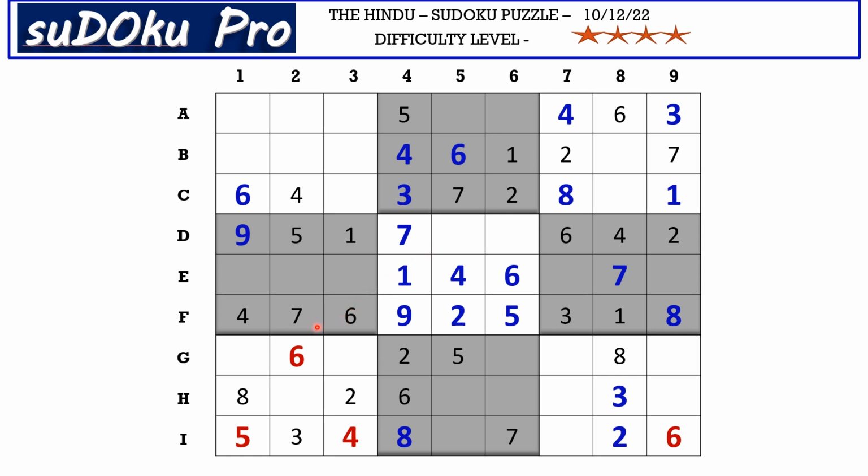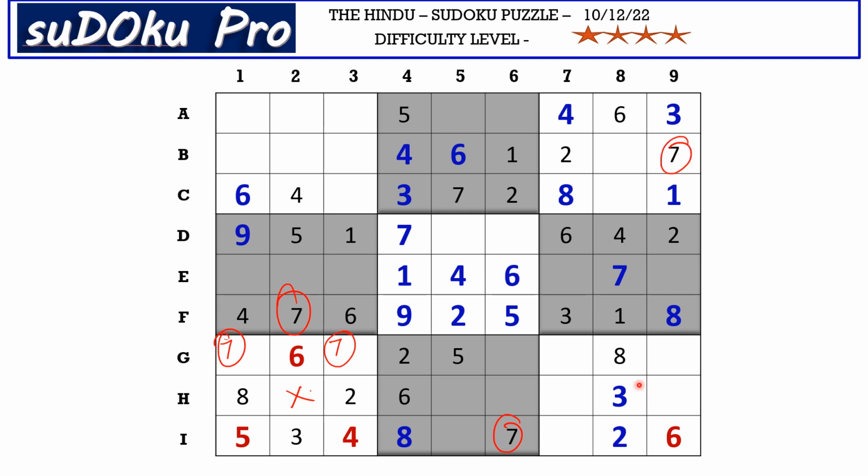Here in the 7th block there are only 3 empty cells and the missing numbers are 1, 7 and 9. There is 7 blocking this cell. So 7 goes in one of these two cells here. This 7 in G row and this 7 in I row blocks these two rows, and there is a 7 here in column 9 blocking here.